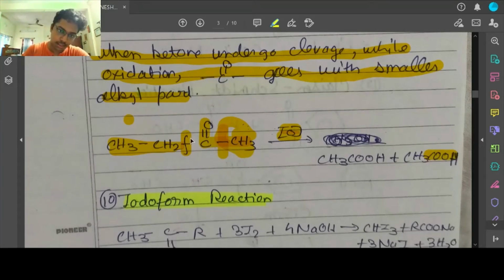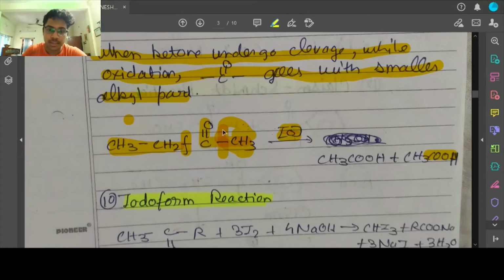So the bond will break at CH3. If the bond breaks from here, this C double bond O will go with CH3 CH2. And if the bond has broken from here, then this C double bond O group has gone with CH3. So note the difference.